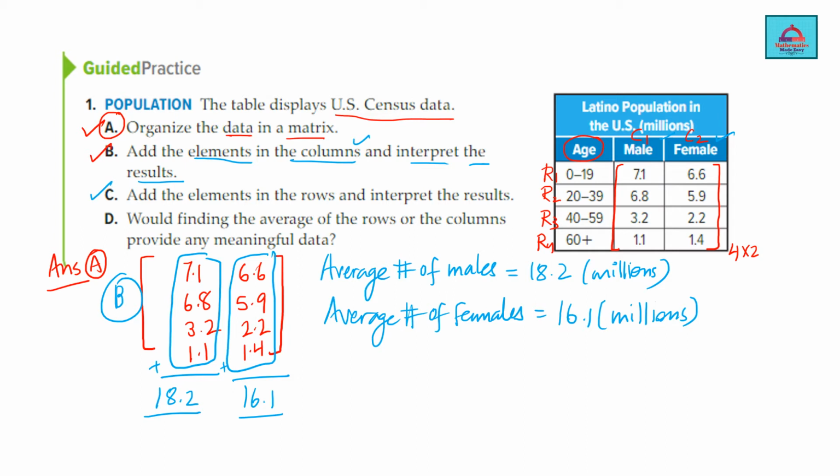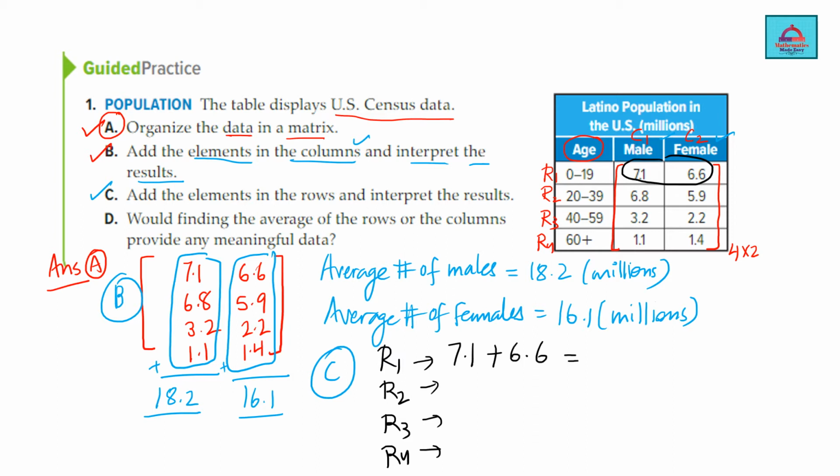Now part C: add the elements in the rows and interpret the result. So now if I do a similar process, I would encourage you to try it yourself. You add for R1, R2, R3, R4, and then after you finish adding, you'll interpret the result. So for the first row, it is 7.1 plus 6.6.